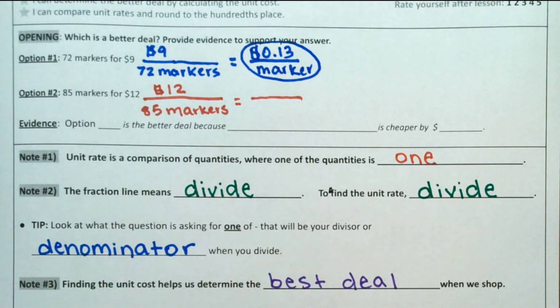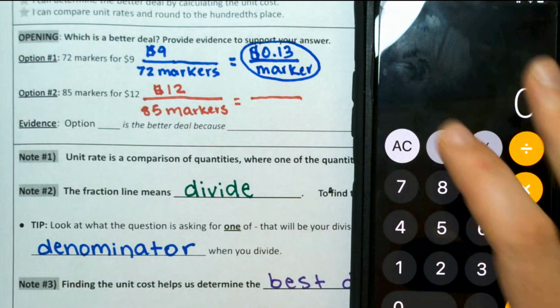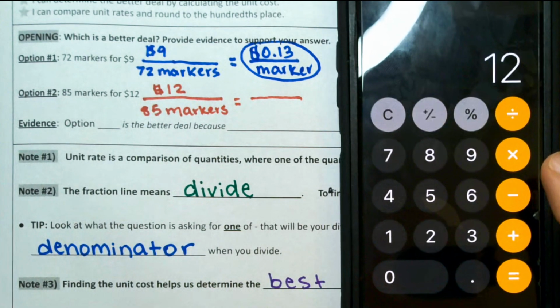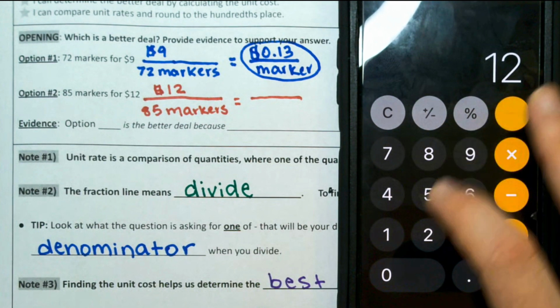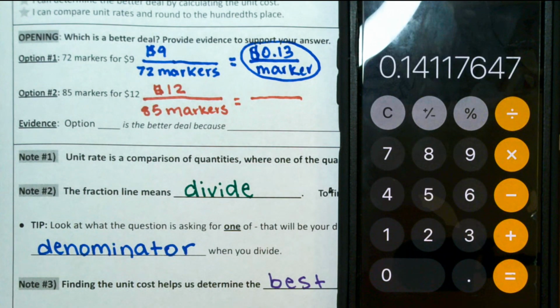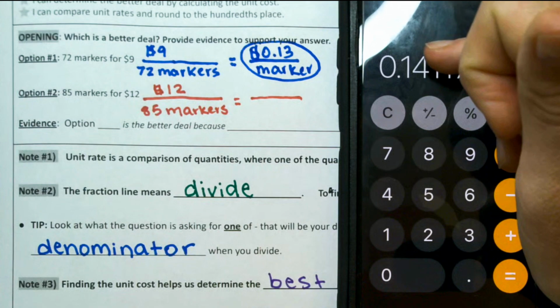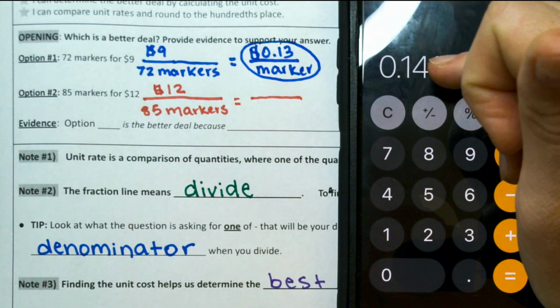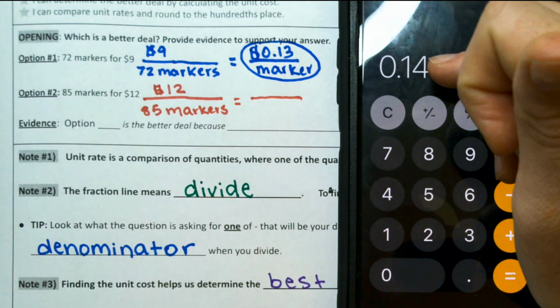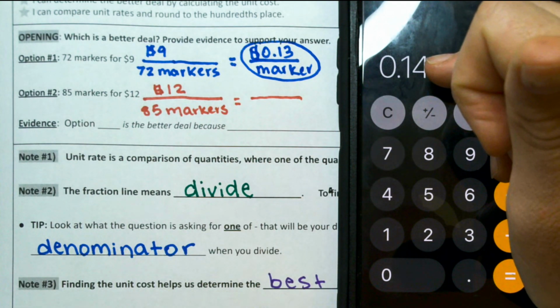Then we'll do the same thing for option number 2: 12 divided by 85 markers. Now we get a little bit of a longer number, but remember, we just need 2 numbers after the decimal. This is either going to stay 14 or bump up to 15. It's all about what number comes after it.